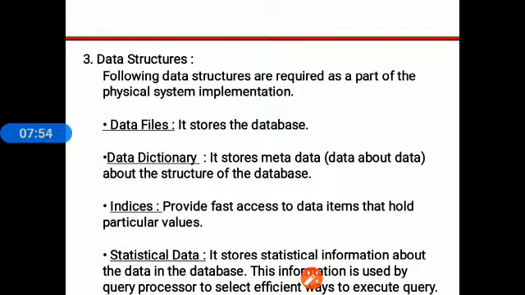Similarly here, for searching the record in the database very fast, indices are given. Statistical data, it stores the statistical information about the data in the database. The information is used by query processor to select efficient ways to execute the query.